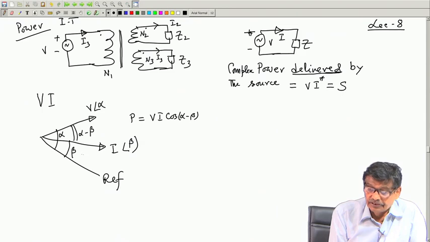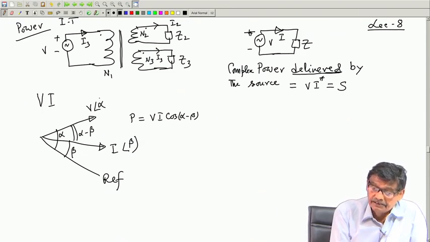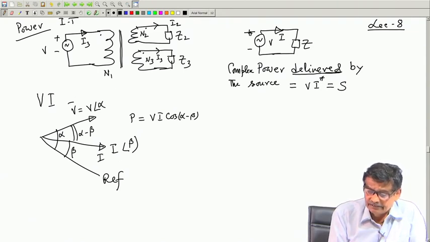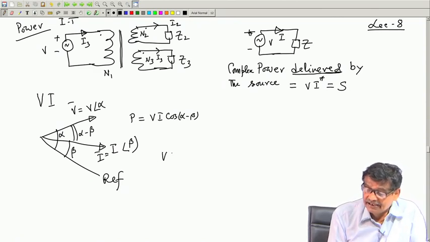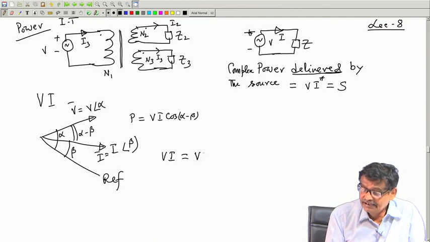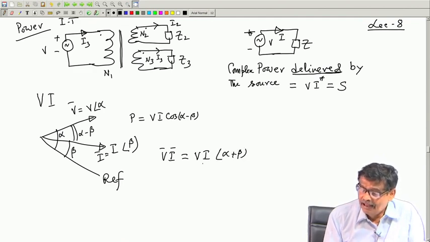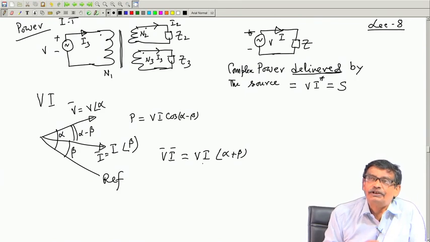So, V is V angle alpha. I am omitting the bar all the time, but these are phasors. Therefore, if you simply multiply these two complex numbers, it will become V I angle of alpha plus beta, and the real part of it is not real power.